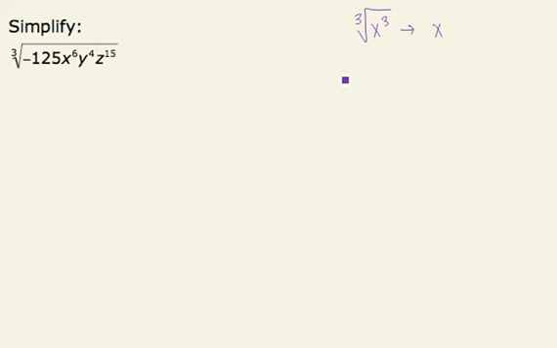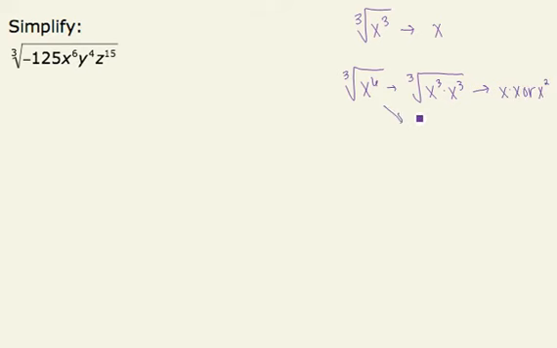But what if I was taking the cube root of x to the sixth, which is the variable in this case? Well, I can think of x to the sixth as the cube root of x cubed times x cubed. That would result in x times x, or x squared.